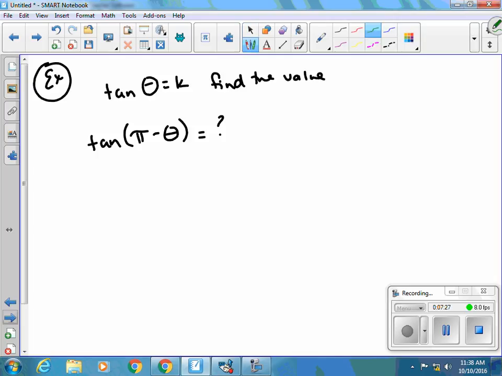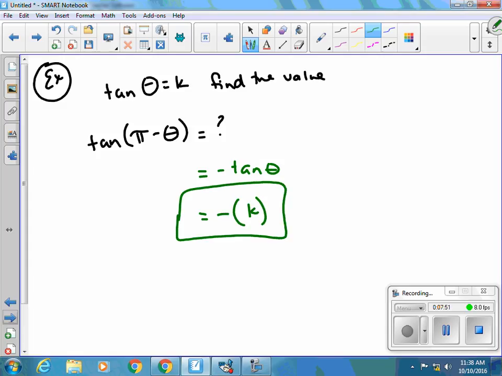When I'm looking at this, I don't really need to put that k value in there. I know, based on this, this is supposed to equal the negative tangent of theta. Well, if tangent theta is k, then I know that my value is just negative k. And all I did was look at the left side in order to figure out what the right side should be, based on this theorem of my supplements. Then I plugged in my value.